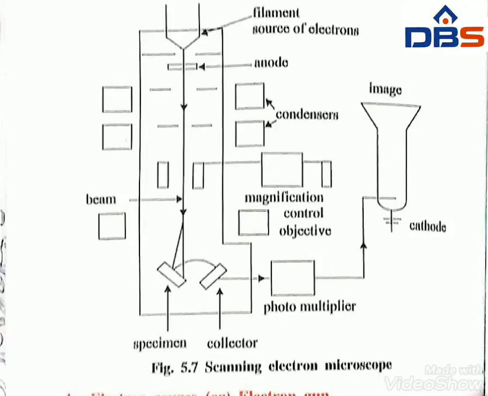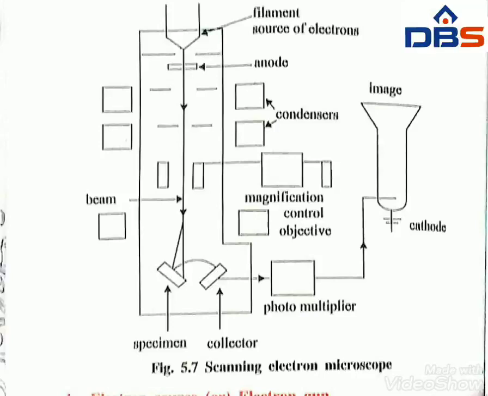Scanning electron microscopy principles. A beam of electrons is generated in vacuum, which is collimated by an electromagnetic condenser lens and scanned across the sample surface by an electromagnetic deflection coil.